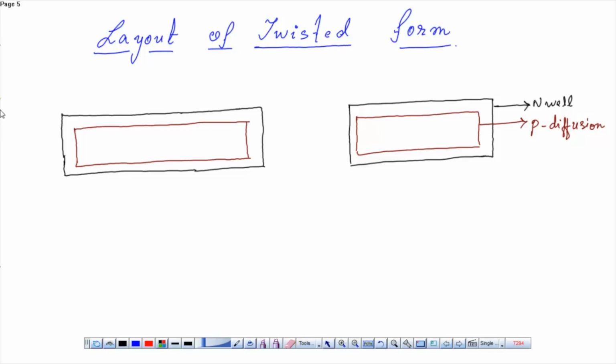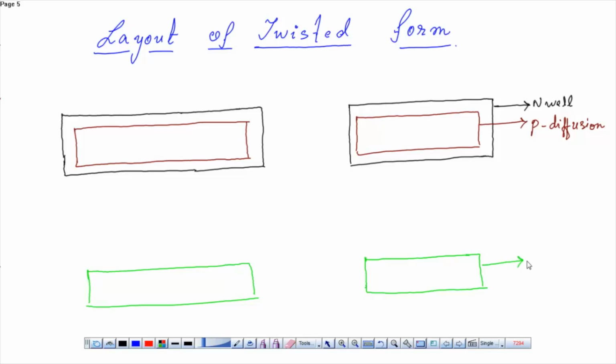Now in order to draw the layers for NMOS, the N diffusion layer is green in color. This is the N diffusion layer.